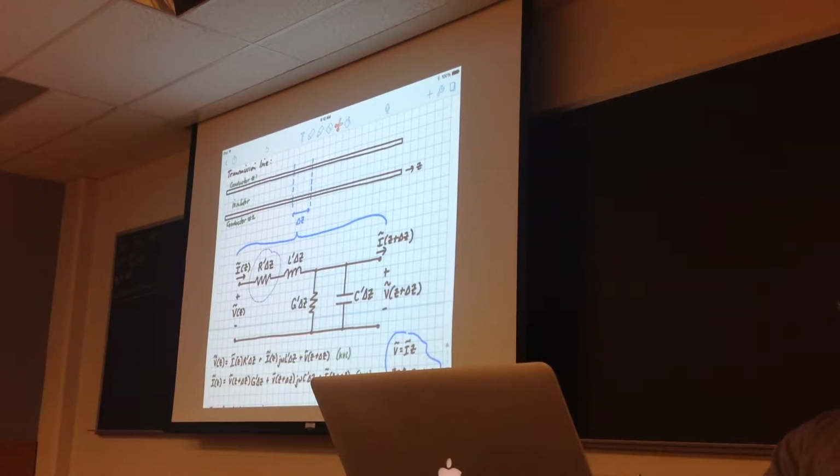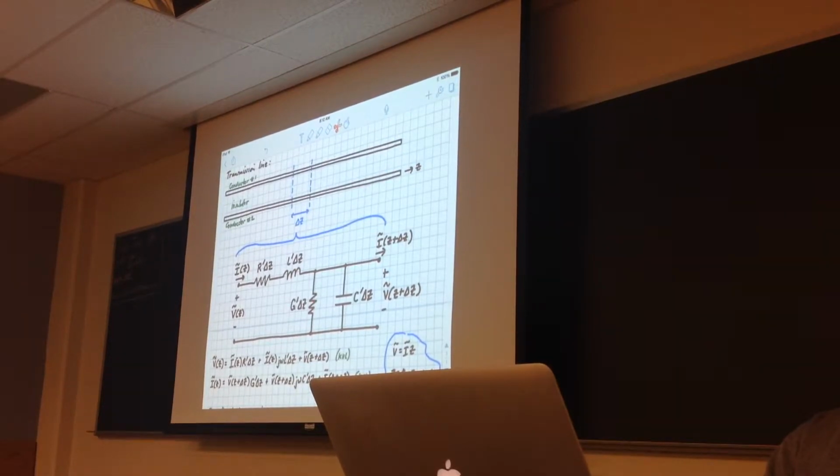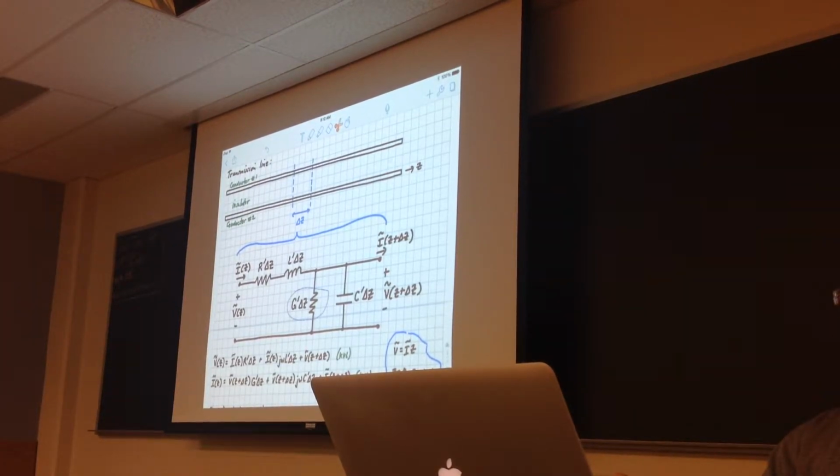We would also say that this is a lossless transmission line if no current can flow from one conductor to the other, or if we can say that the insulator is perfectly insulating, or that G prime is equal to 0. The admittance of this resistor is equal to 0, or this resistance is infinitely large. It appears as a perfect open circuit for that current.